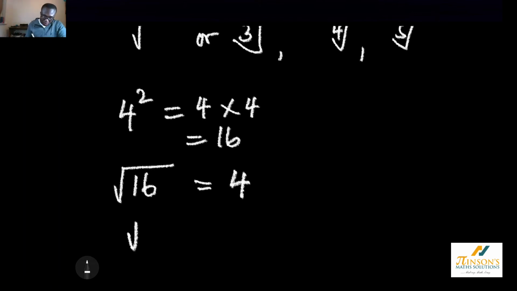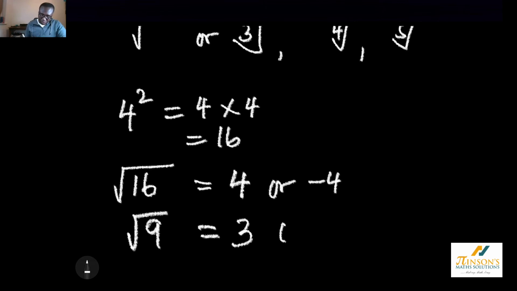If I want to get the square root of 9, what number did I square to get 9? It was definitely 3, because 3 times 3 is 9. Now when you get to higher levels of maths and A level, you might not just say it's 4. You could also say it's minus 4, because minus 4 times minus 4 will be positive 16.